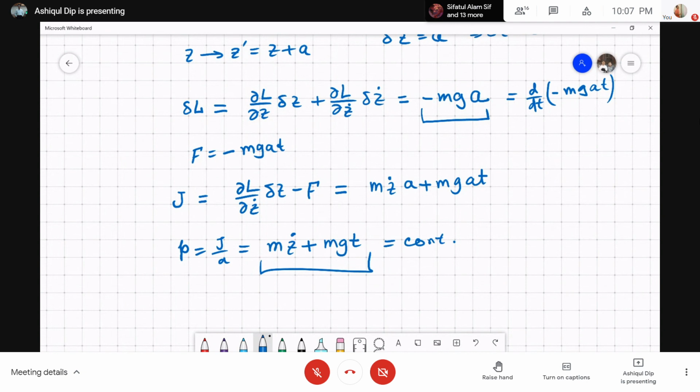So this is what the Noether theorem was. It says that whenever you have a symmetry in your Lagrangian, you can always find a conserved quantity of motion.